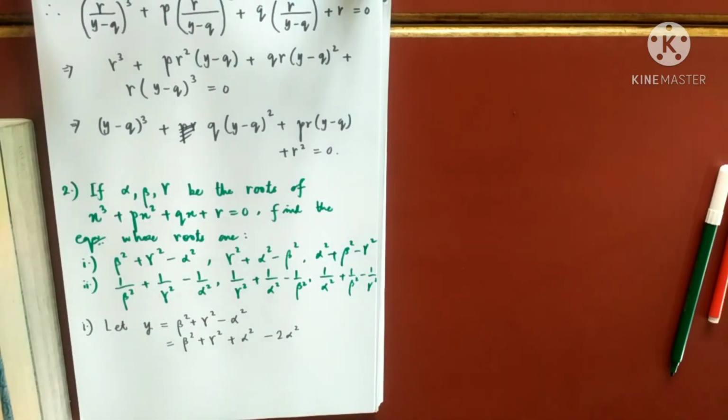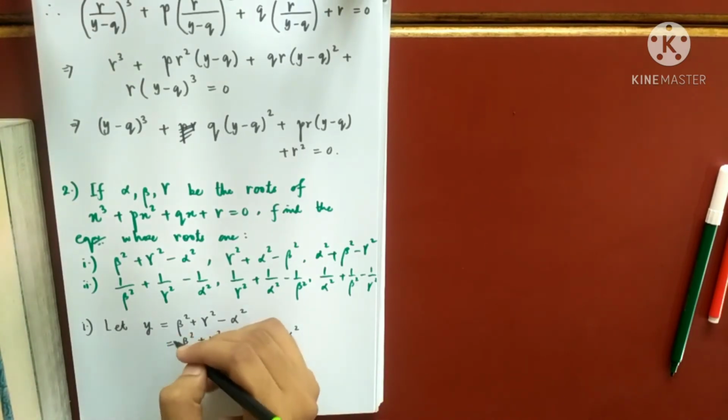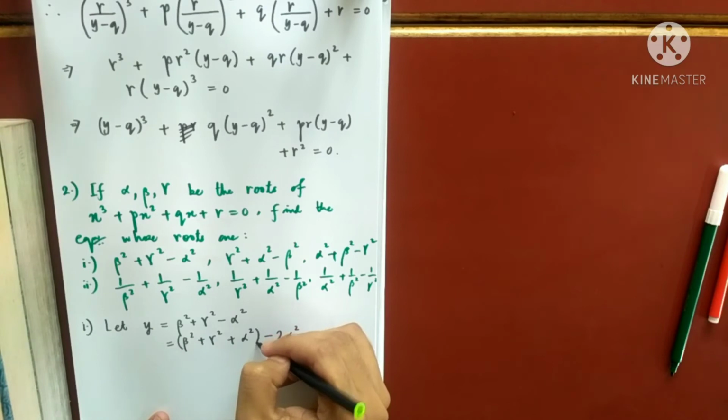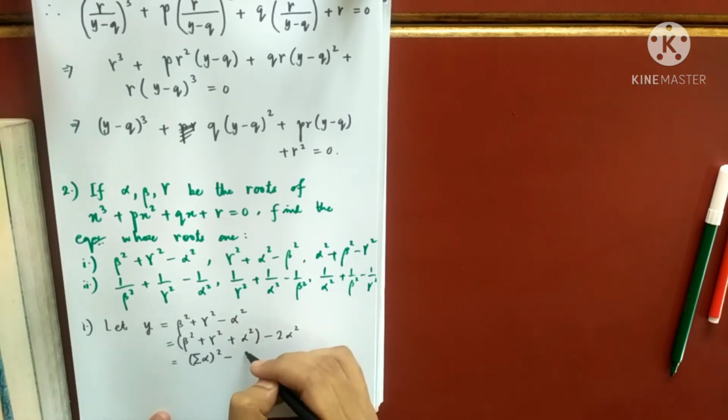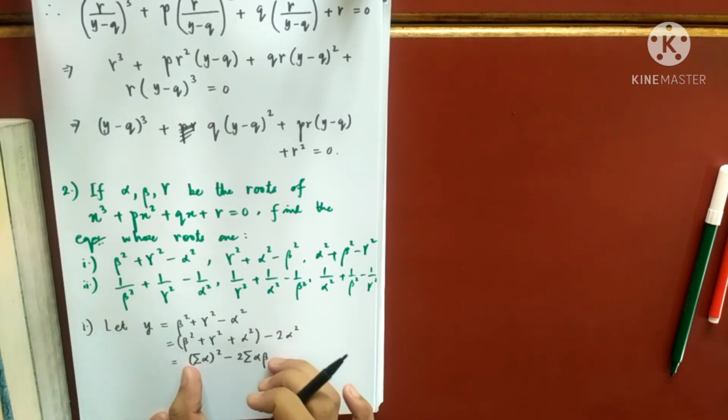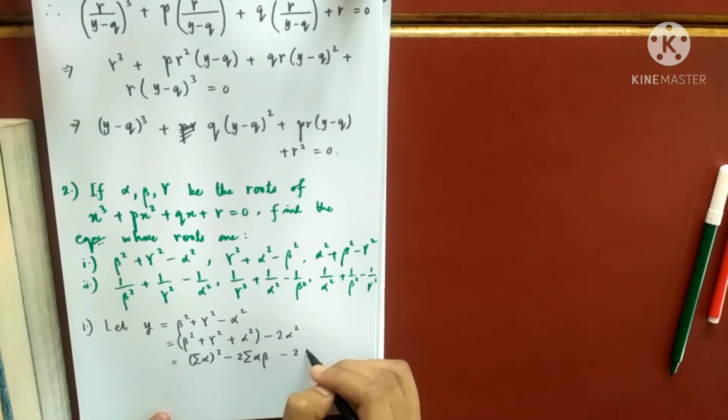I am adding alpha square and subtracting 2 alpha square, so it is minus alpha square only. And why am I doing this? I know how to find this. What is this? This is summation alpha whole square minus 2 summation alpha beta, which you know how to find, minus 2 alpha square.